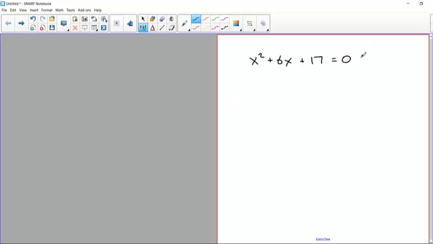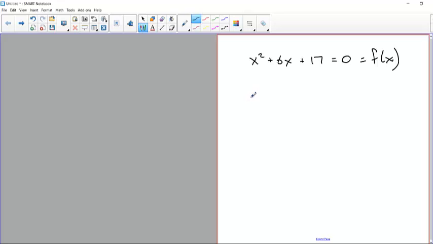You can also think of this as f of x, so some function of x. But we're trying to find out what values of x make this thing go to 0 from a complex standpoint, because if you tried to find the real zeros of this, you would find out it doesn't work. So how would we do this?